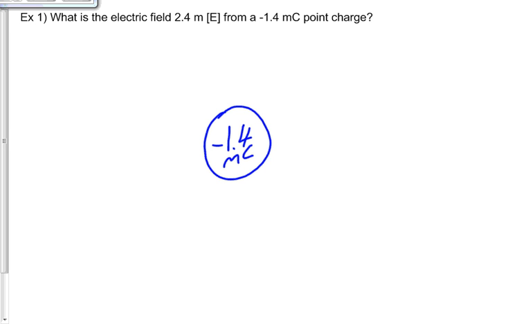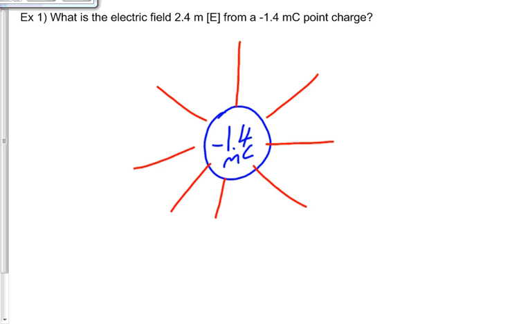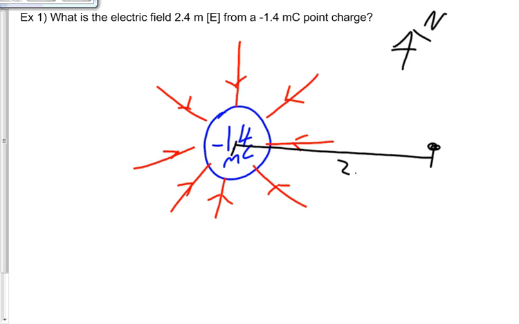Kind of like this. And since it's a negative charge, we know that a positive charge would experience a force towards it. For this particular question, I want to imagine that I'm in position over here. Again, we should probably have a compass rose here. And I want to know what is the electric field right here.